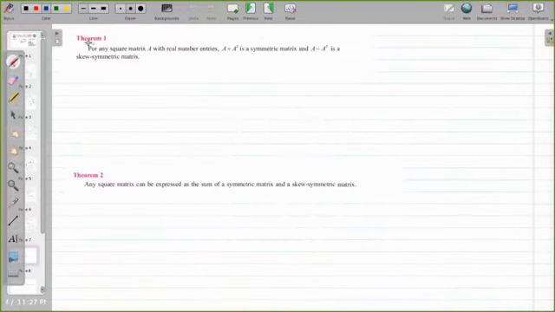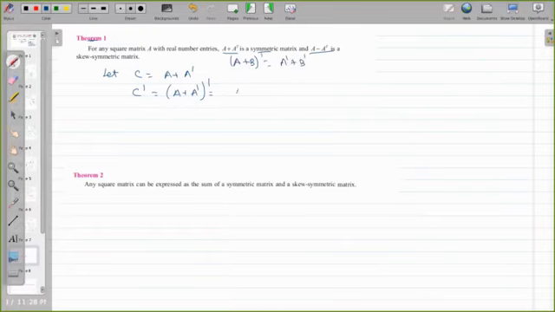Okay, you can see the theorem 1. For any square matrix A with real number entries, A plus A dash is symmetric, they are telling. A minus A dash is skew symmetric. We prove that one. Let us consider C equal to A plus A dash. I just put C dash. That means A plus A dash whole dash. Children, we have seen in the property of the transpose of the matrix, A plus B whole dash is nothing but A dash plus B dash.